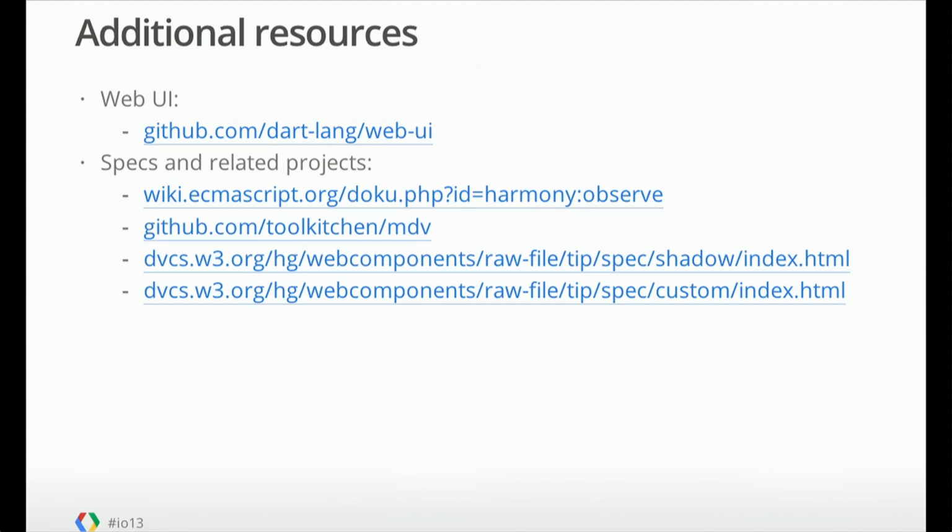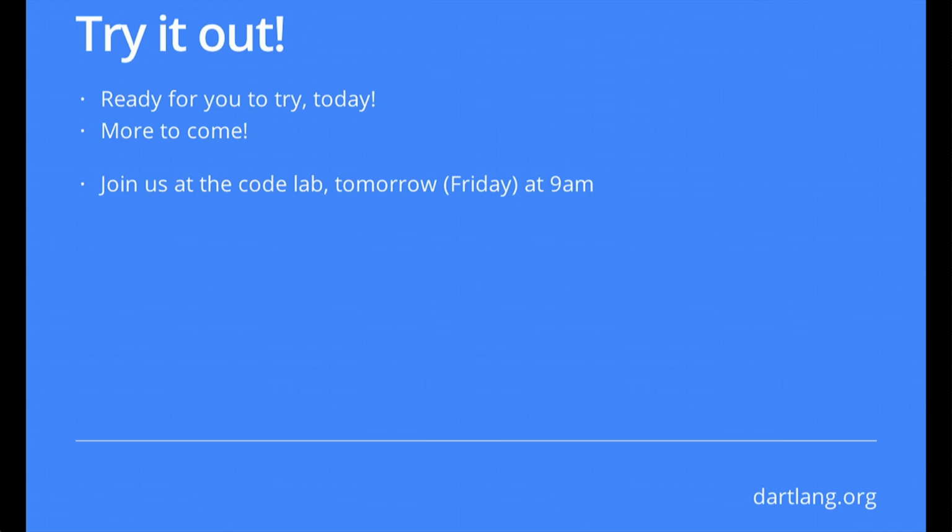So we went through a whole bunch of different things today. These are some of the resources that talk about a lot of these standards that are being developed. And if you'd like to read more, feel free to check them out. And everything we've shown you today is available to try. You can download the Dart SDK and it will work. In fact, there are people already using this.